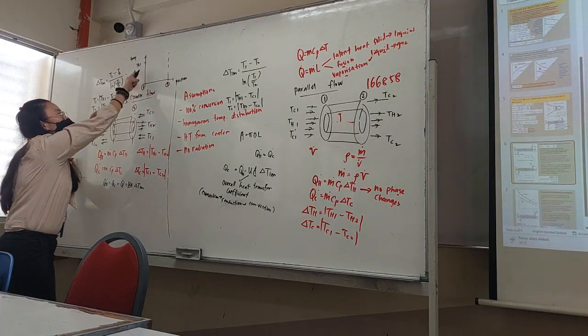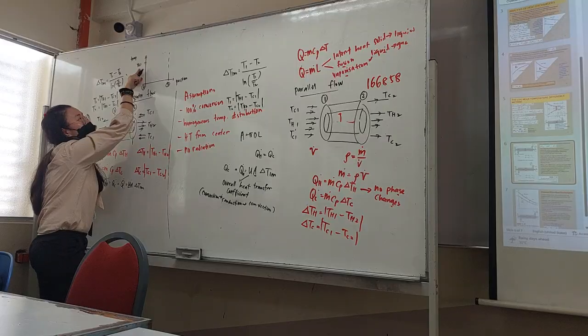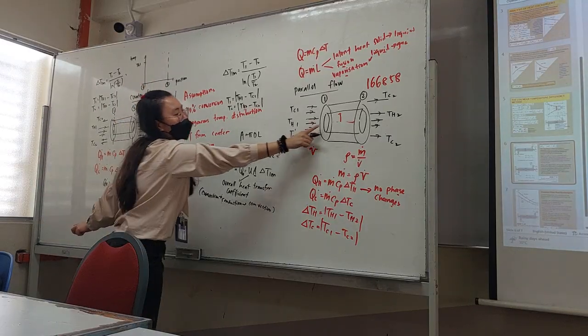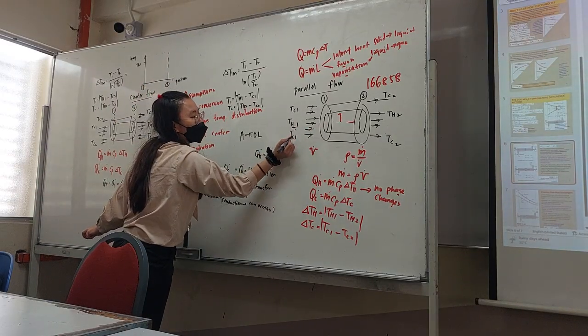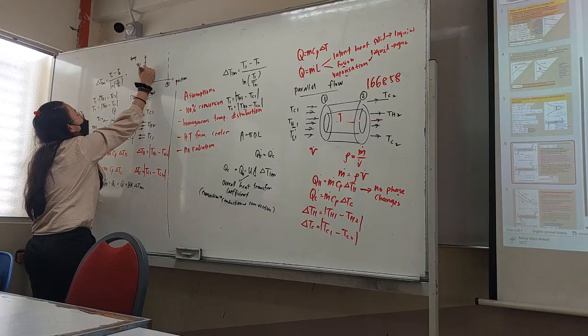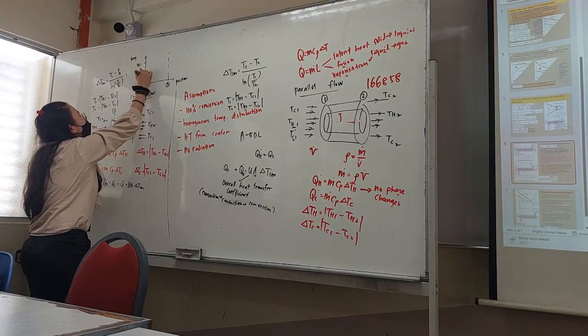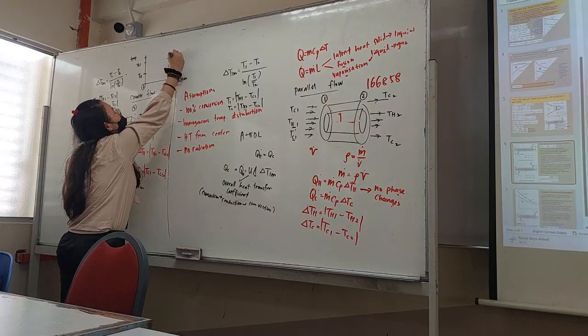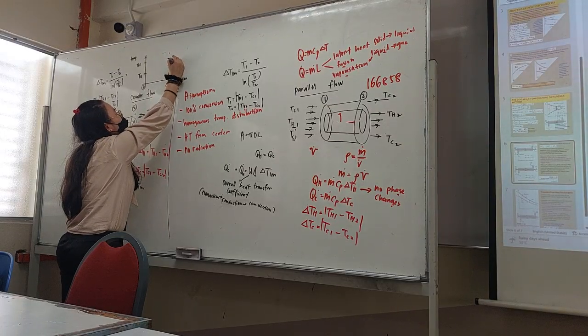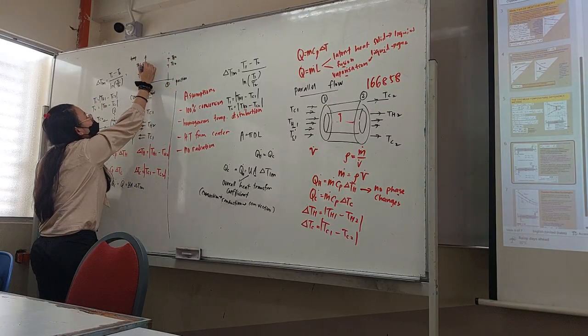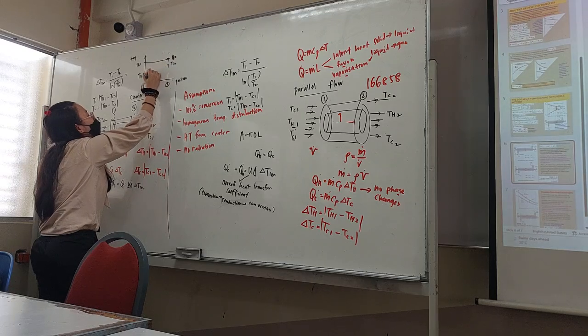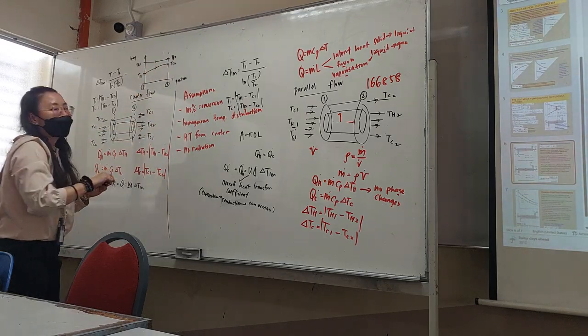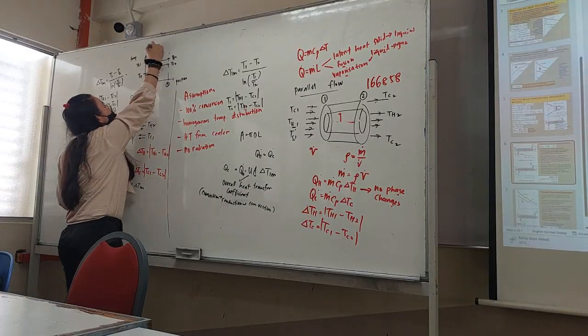At the first point you have TH1 and you have TC1. At the second point you have TH2 and you have TC2. So it's a curve. This is for parallel flow.